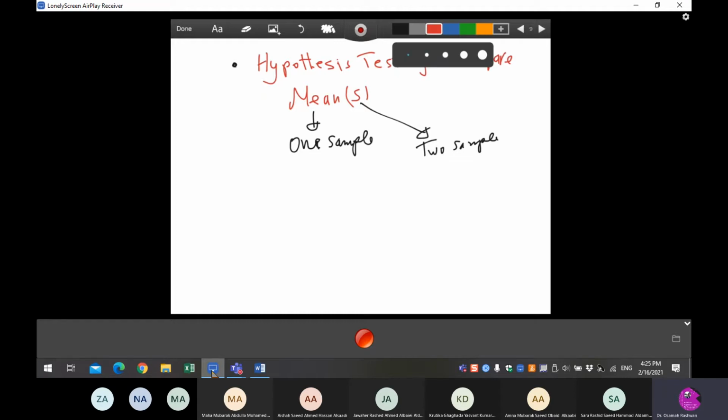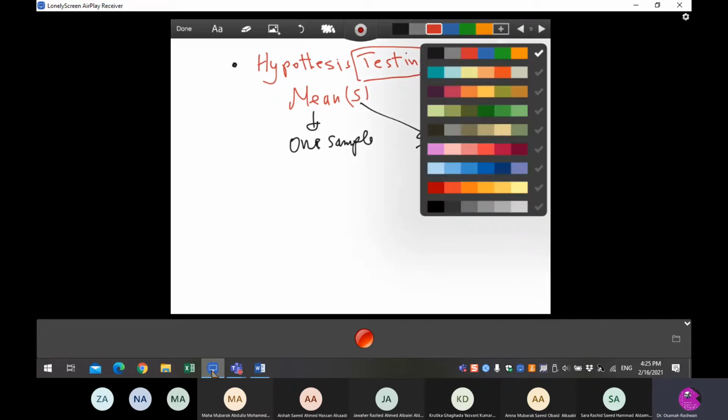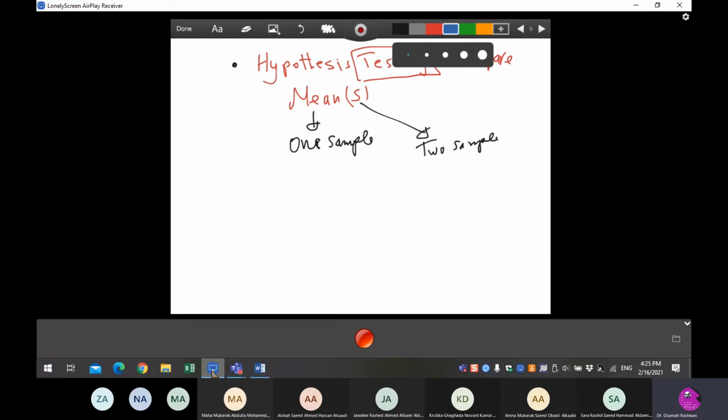Which test are you going to do for one sample or two samples? In this type of testing, you have two types of tests. I have to go for Z test or T test, right? Z test when sigma, the standard deviation of the population, is given, or when the sample size n is greater than 30.